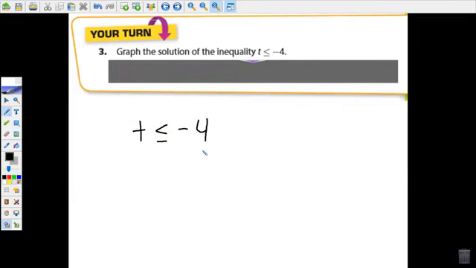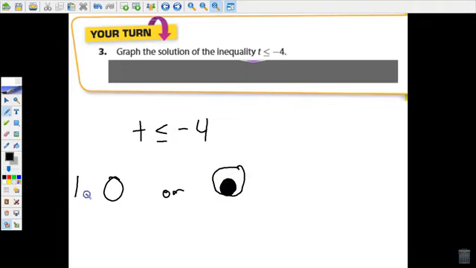So first things first, we look at the sign and we figure out if it's open or closed. That's step 1. Since it has a line under it, it is less than or equal to or greater than or equal to. So we use the closed dot.